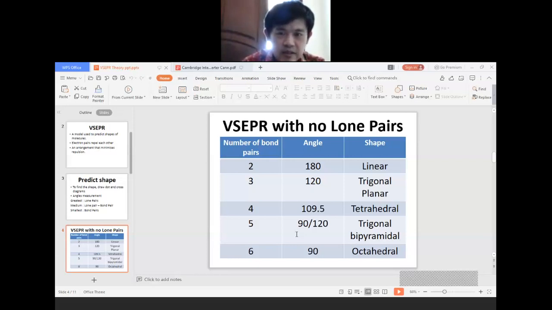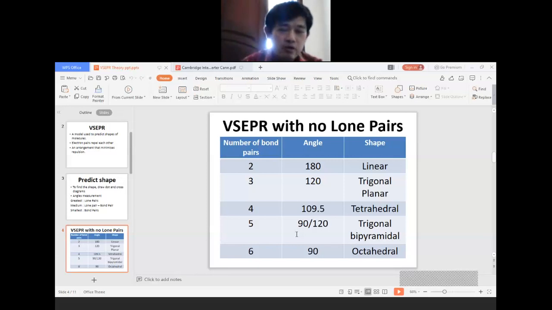The central atom Be has 2 electrons in the outermost shell. So all these 2 are occupied by F. So there is no lone pair. The other example of 2 bond pairs with no lone pair is carbon dioxide.